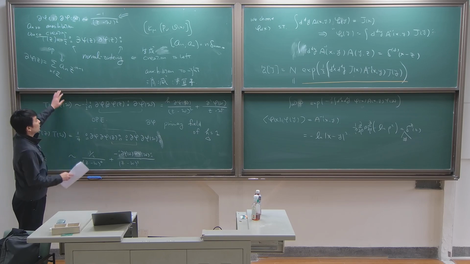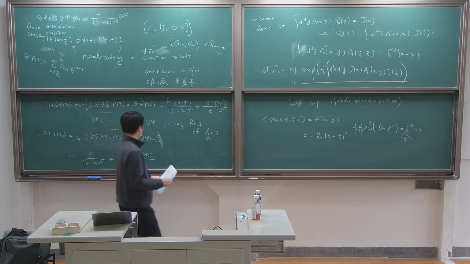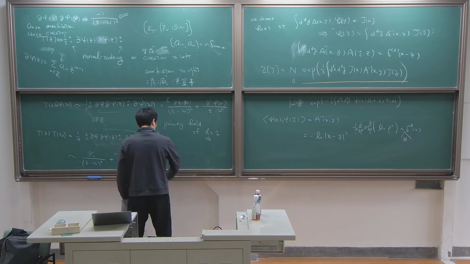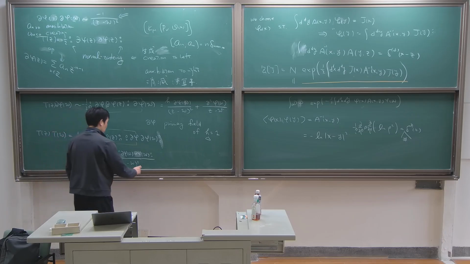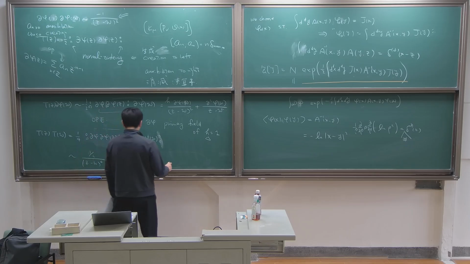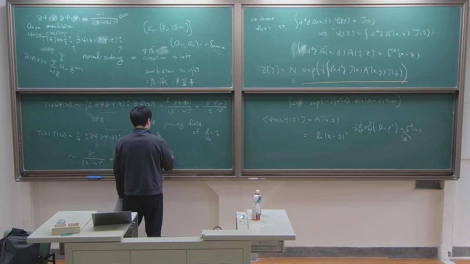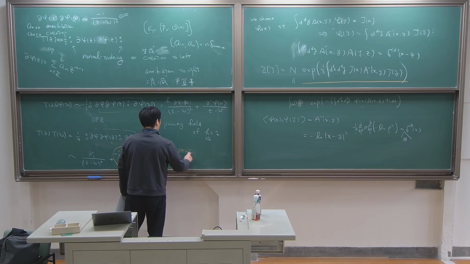Okay, and then, so let's move on. And this one is equal to, and this guy can be just expanded as, so this one can be expanded as the minus del 5 of W. So just do the Taylor expansion.